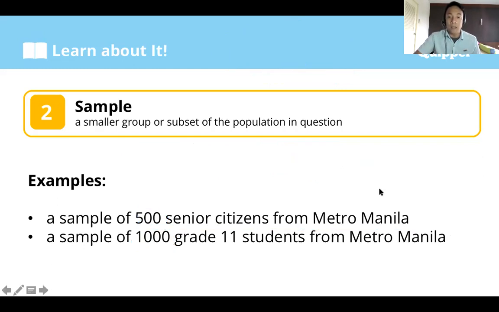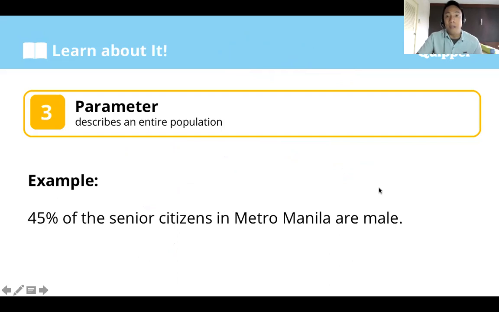is this, parameter. Parameter. It describes the entire population. Our example here is 45% of the senior citizens in Metro Manila are male. So when we say parameter, it is not just about the percentage.